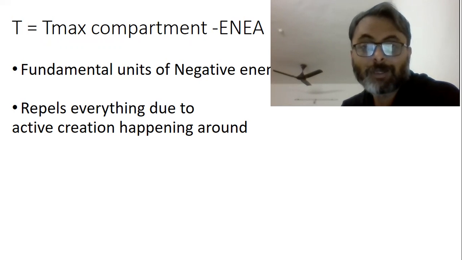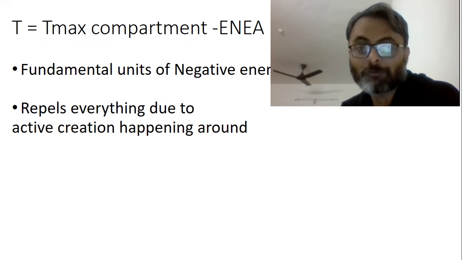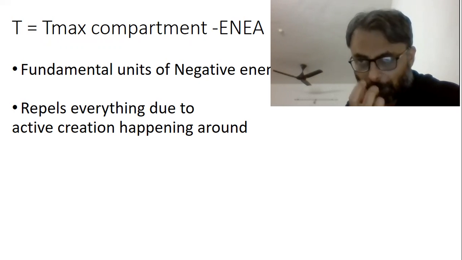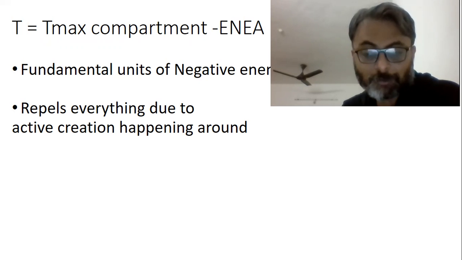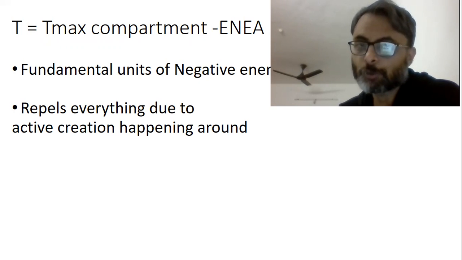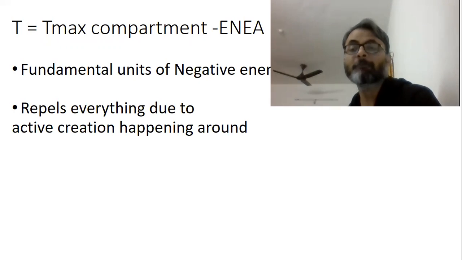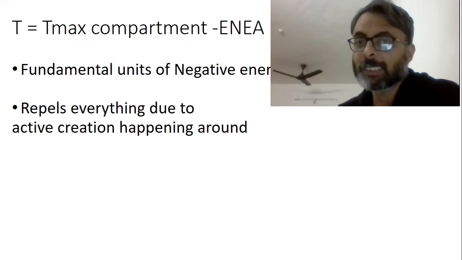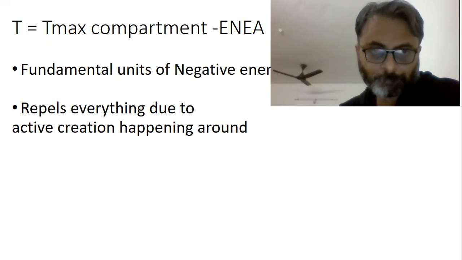Every second, 10 to the power 43 extra Planck compartments are being formed, which is a very, very significantly high number. Another name for that in DGR is ENE, that is exotic negative energy antiparticle.